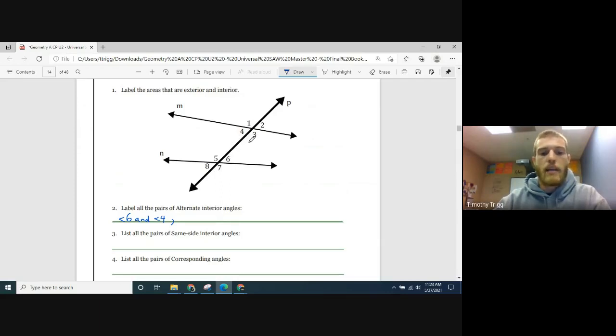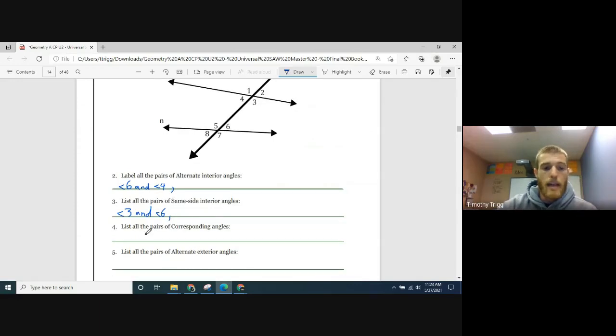This little symbol that we're drawing looks like a less than symbol, but it's an angle symbol in this case. What would be the other pair of same side interior angles? See if you can figure that out.